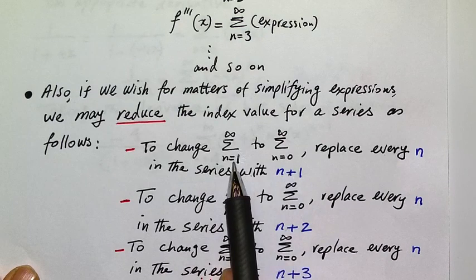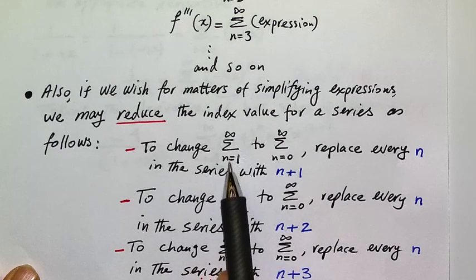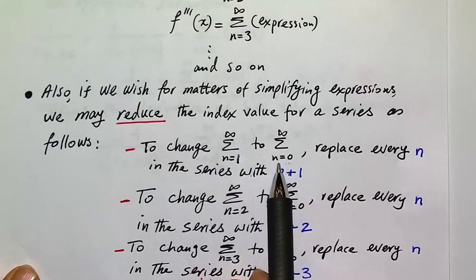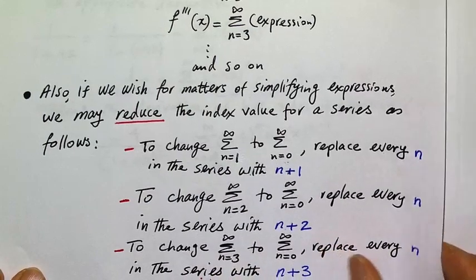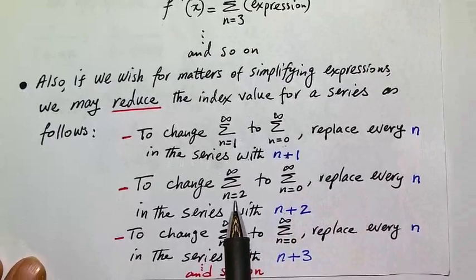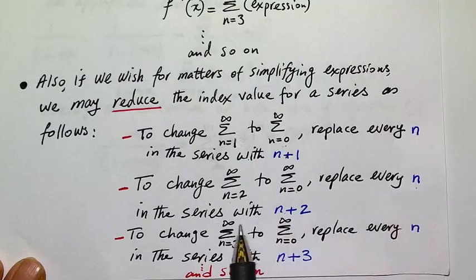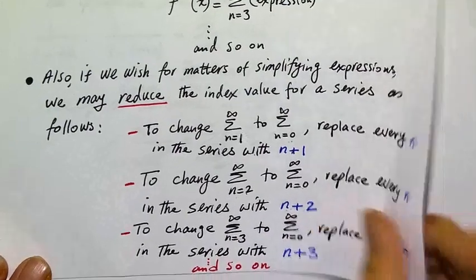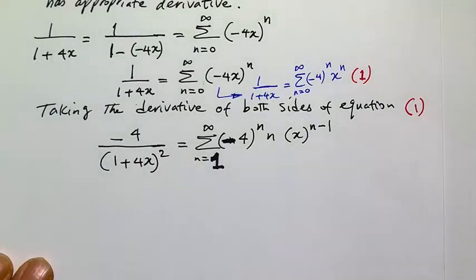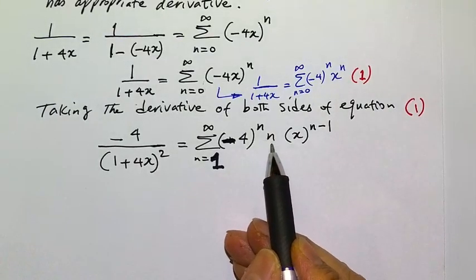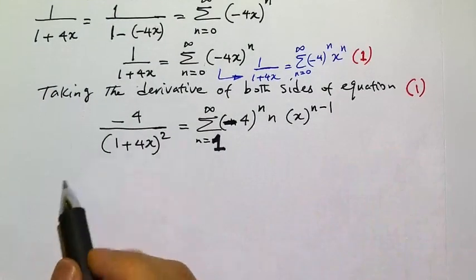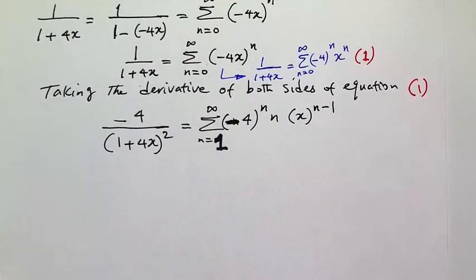That's if we're just reducing this by 1. If we had to go from index going from 2 to infinity to 0 to infinity, we would have to replace every n in the series with n plus 2. So everything here should be replaced.